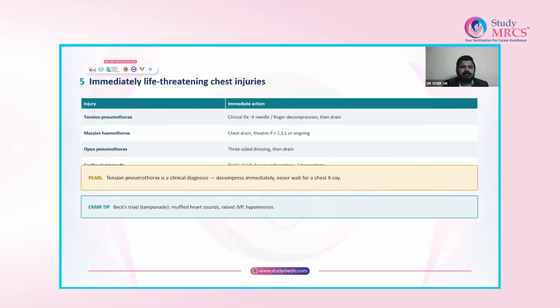Massive hemothorax means if you insert a chest tube, that is an intercostal tube, and upon inserting it drains more than 1500 ml of blood, that is more than 1.5 liters, the patient has massive hemothorax. Or you can call it massive hemothorax if the patient has more than 200 ml of output each hour for 3 to 4 hours.